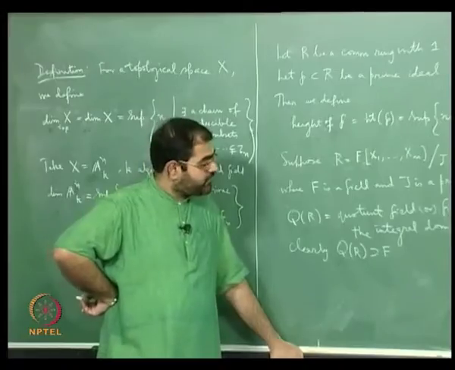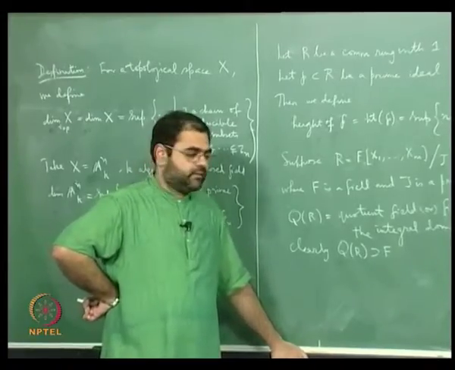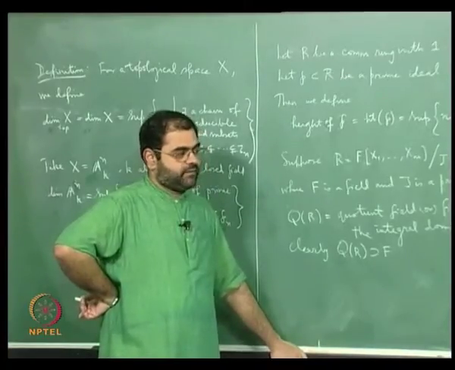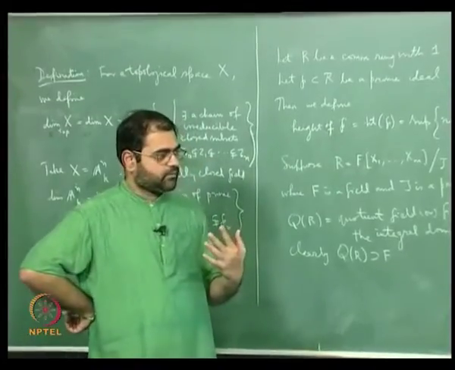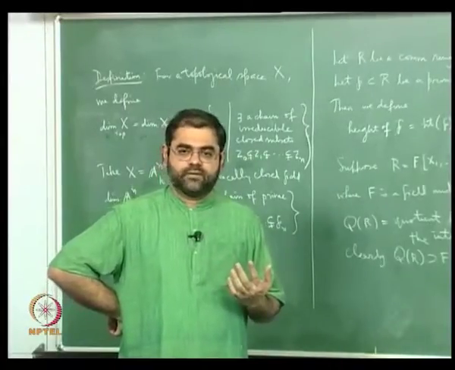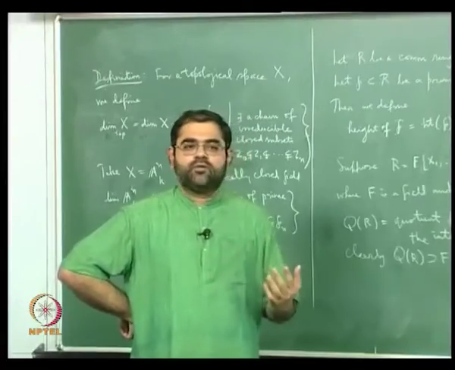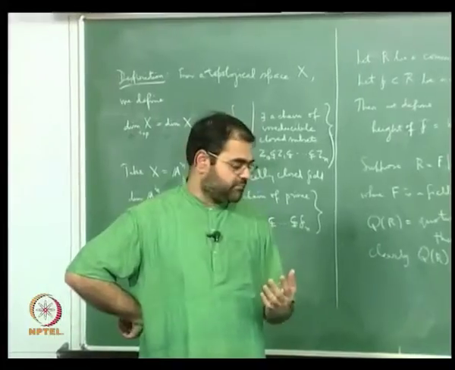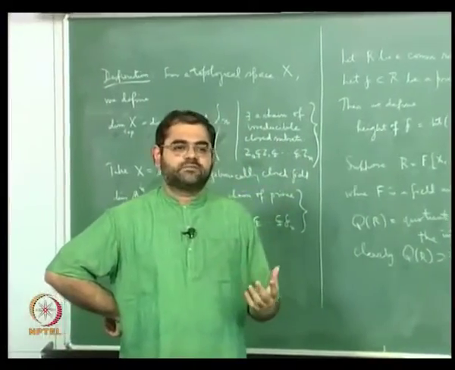And once you have transcendental elements, what you can do is define what is called a transcendental version of dimension, okay. So what you can do is mimic what you do for a vector space situation. See, in a vector space situation, how do you define the dimension of a vector space?